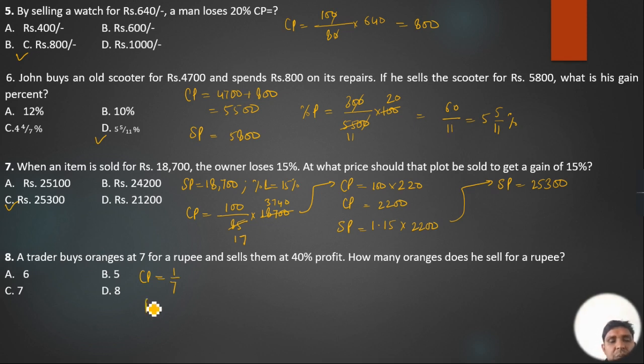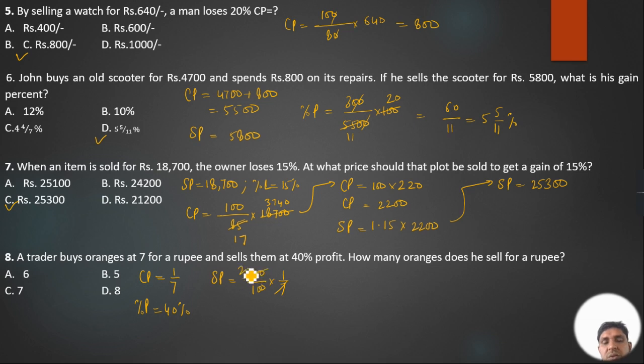right? And here the percentage profit is given, that is 40% profit. So you can find out the selling price of one orange. Selling price in the case of profit is 100 plus profit percent, that is 140 divided by 100, multiplied by 1 by 7.